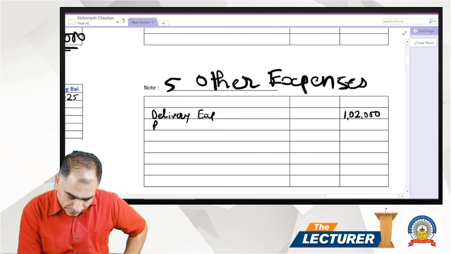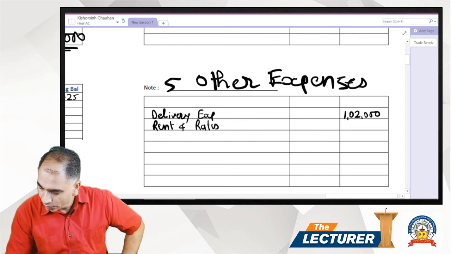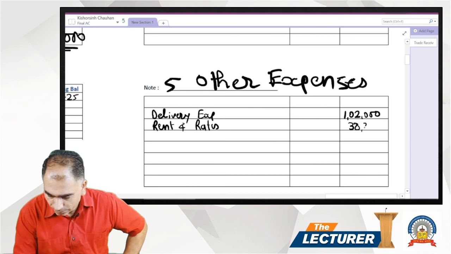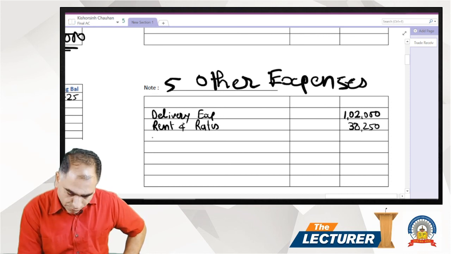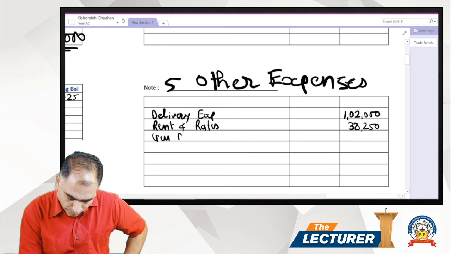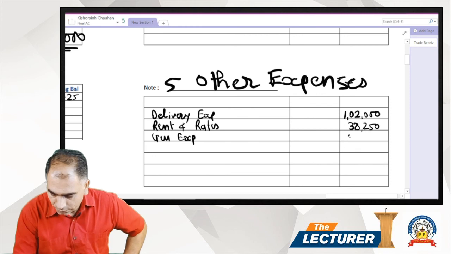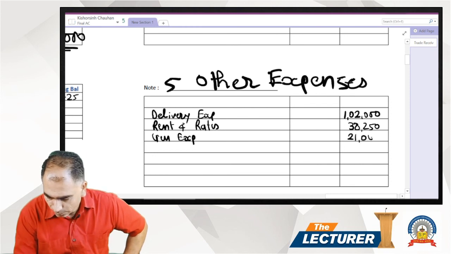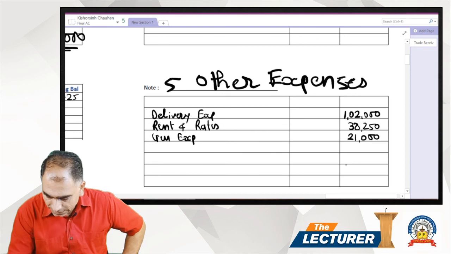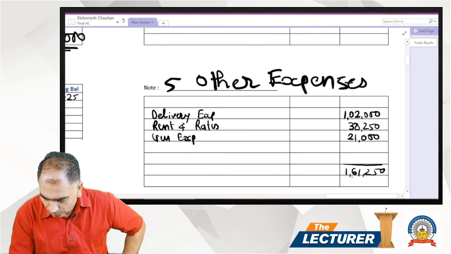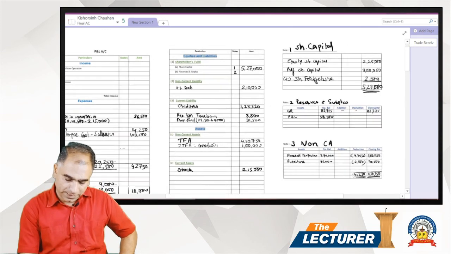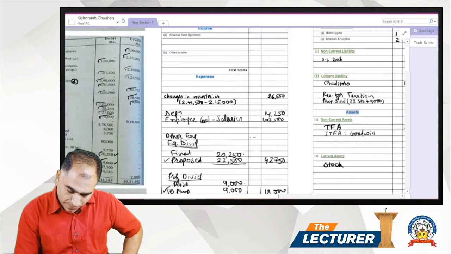Then rent and rates, amount 38,250. And general expenses comes to 21,000. So total 161,250. This is other expenses in P&L, 161,250.